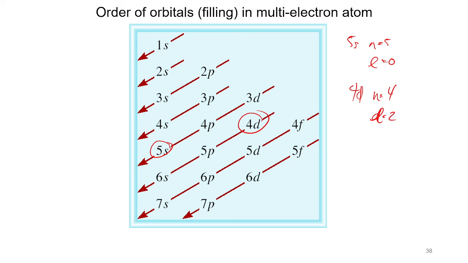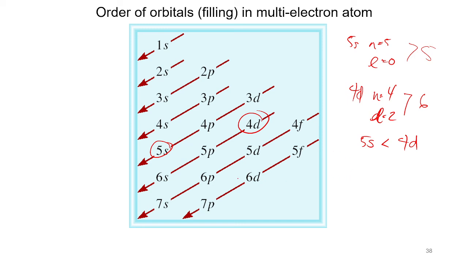So if we are to add that, 5 plus 0 is equal to 5, and we have here 4 plus 2 is equal to 6. Meaning to say, 5s is lower than 4d. That's why we need to fill up 5s first before we fill up 4d.